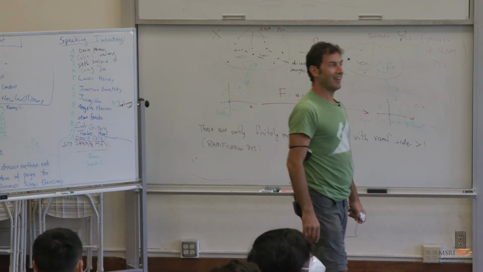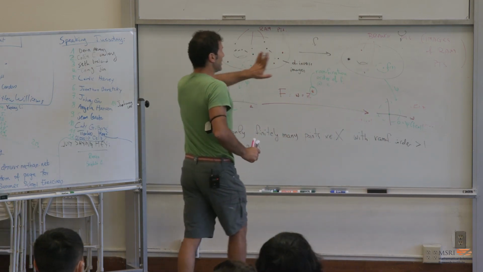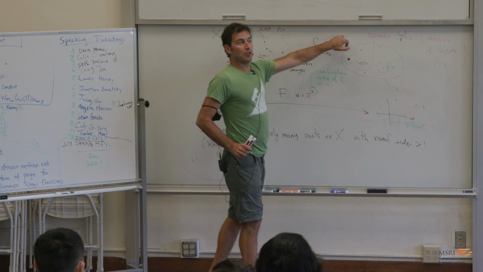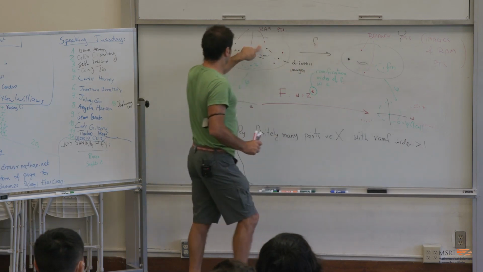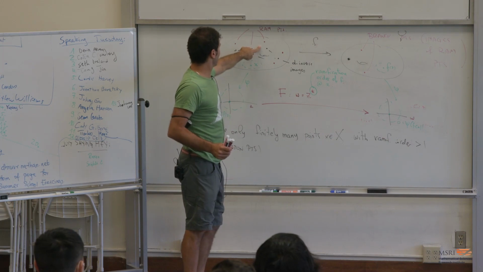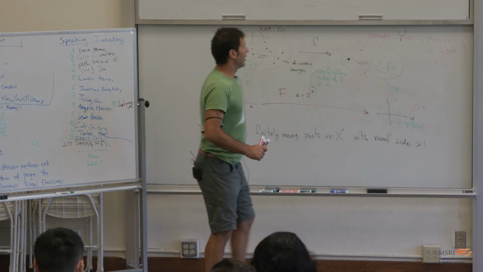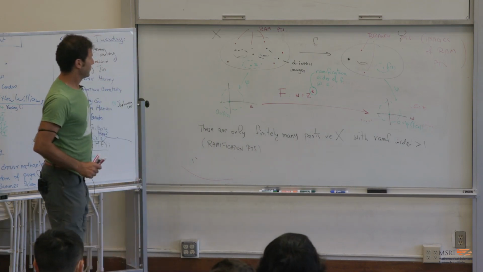Question: I just wonder if you could repeat what branch points are, because I can't read it. Yeah, so branch points are images of ramification points. So there's bad points here or good points, depending on your moral standards, and then their images are branch points.